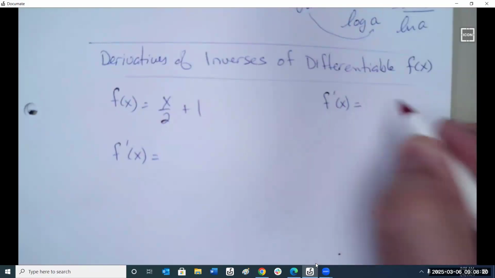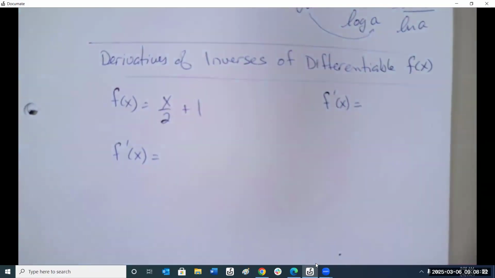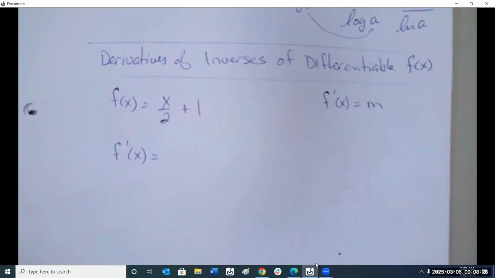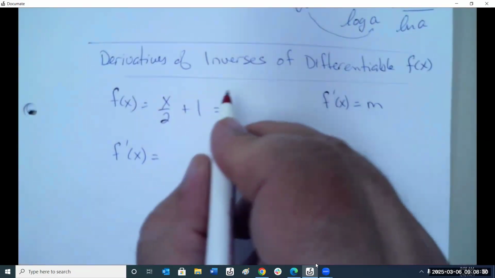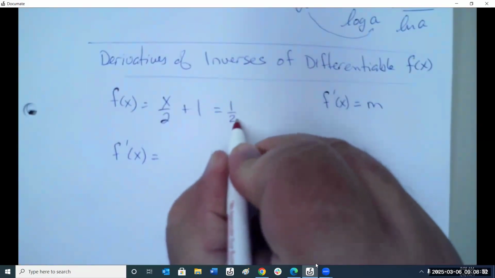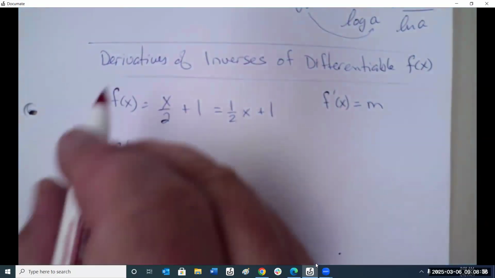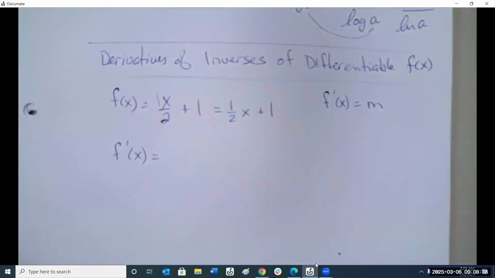The derivative is the same as a what? The same as a slope. This is a linear equation. Its coefficient is 1, so I can split those. So what's the slope of that equation?